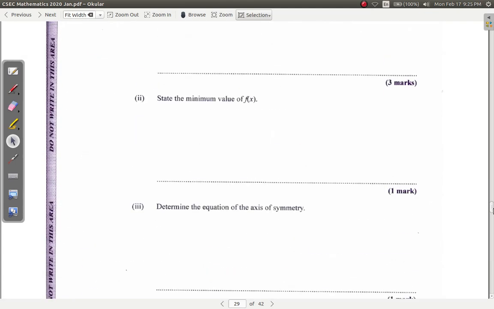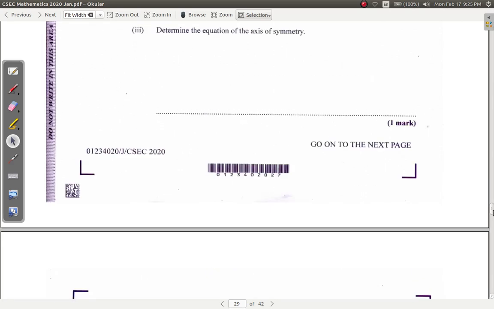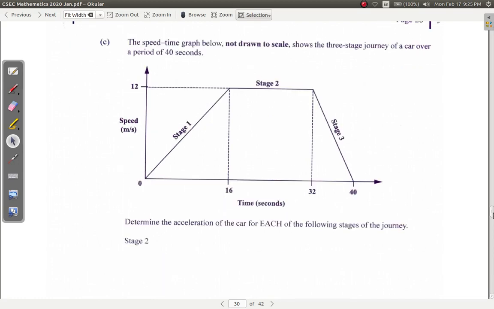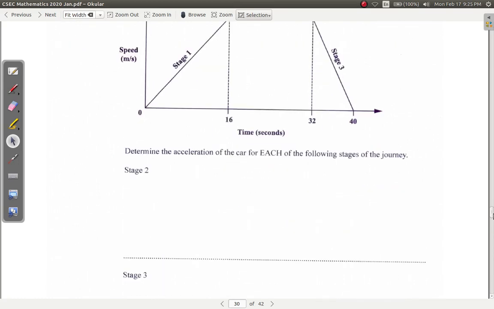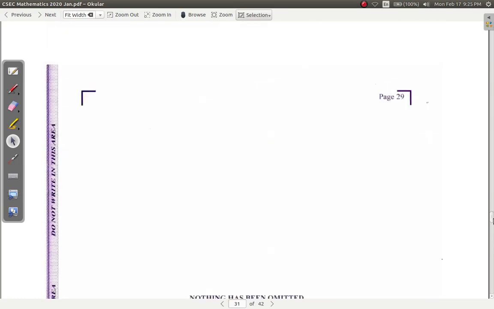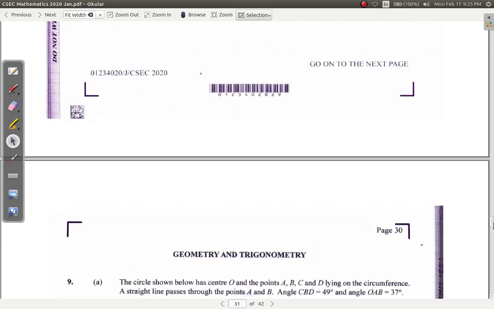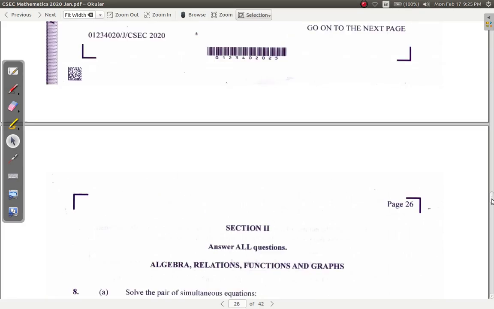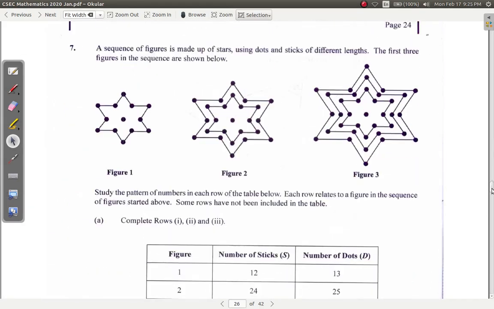State the minimum value of f of x and determine the equation of the axis of symmetry. Okay, then you have a velocity time graph for the seconds. You have 3 stages of the journey. Determine the acceleration at each stage. Okay, that's question 8.